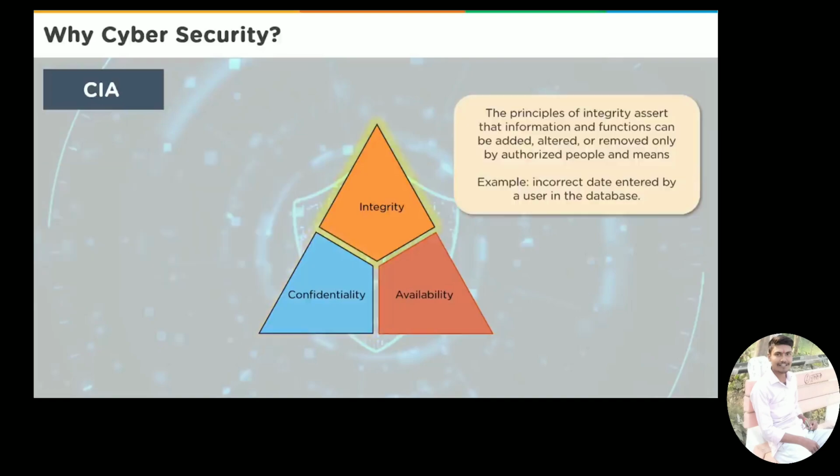This is where the trustworthiness of that data comes into the picture, where if the data is going to be changed, for example, you have a spreadsheet which has a lot of information about users and their login activities and whatnot, and you want to ensure that that data is not modified by any unauthorized user. So you're going to verify that the information is correct and is not modified by anybody who's unauthorized.